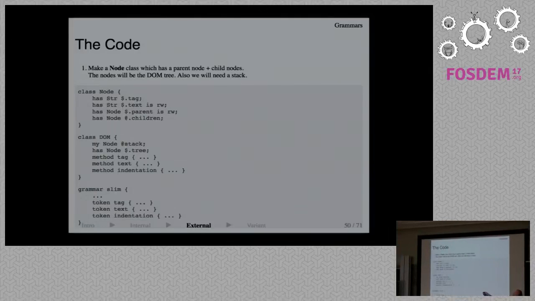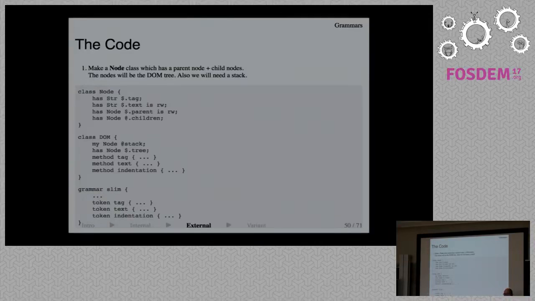So here's our node class. The node class has a tag, which is a string. So again, these types are optional, but you can put them there if you want to constrain the types of your attributes. So we have a tag attribute. We have a text attribute.